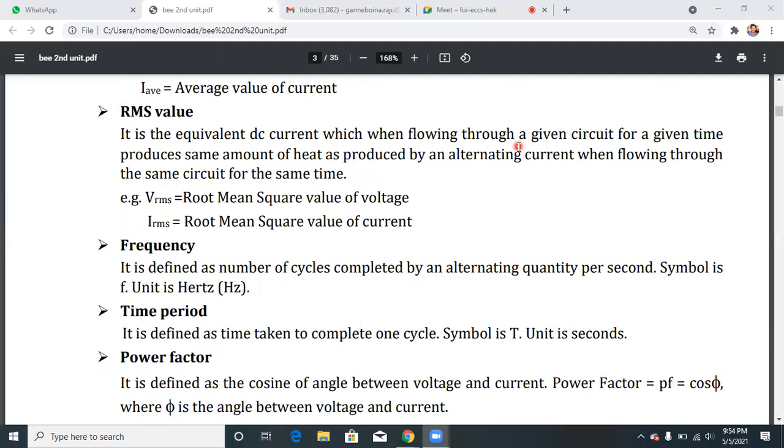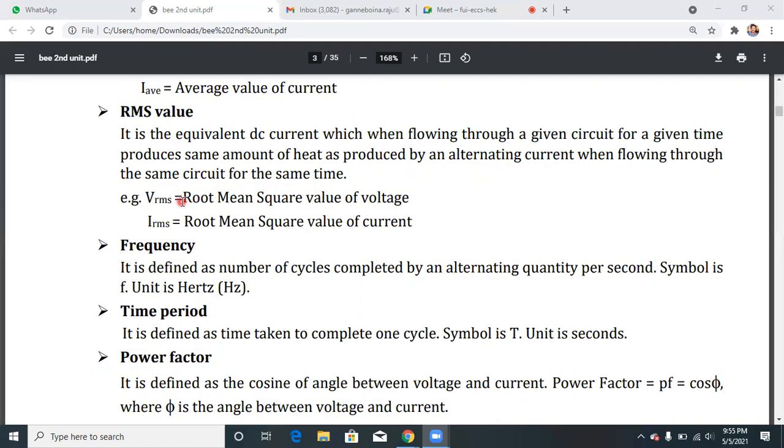RMS is nothing but root mean square. So it is the equivalent DC current which, when flowing through the given circuit for a given time, produces the same amount of heat as produced by an alternating current flowing through the same circuit for the same time, known as the RMS value.